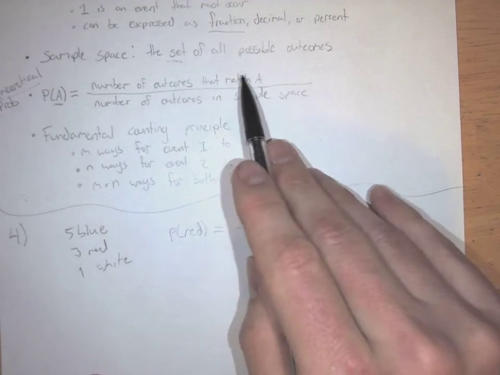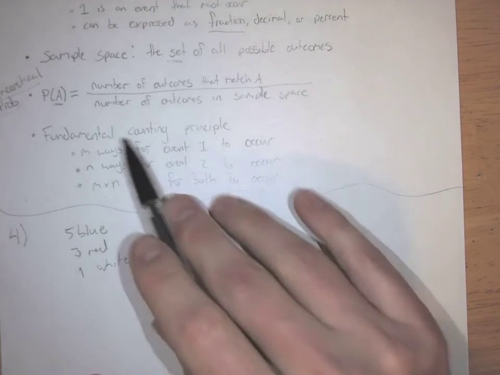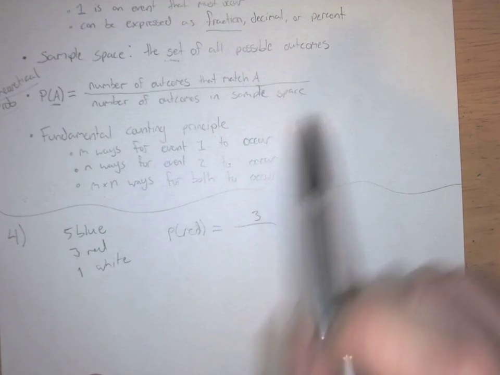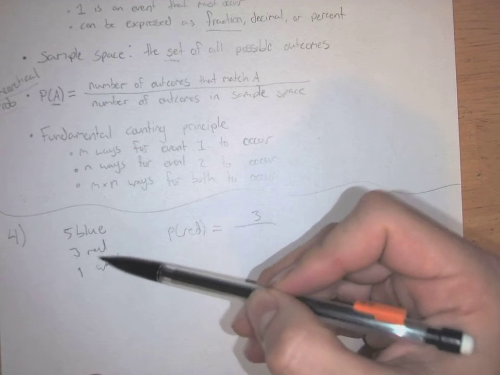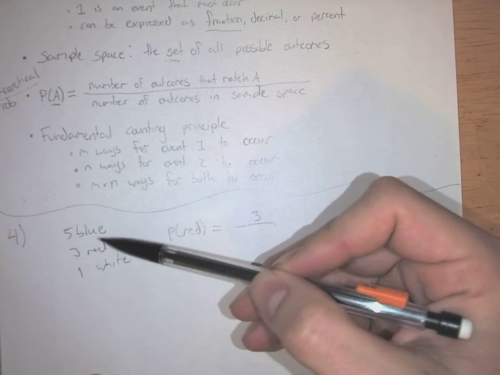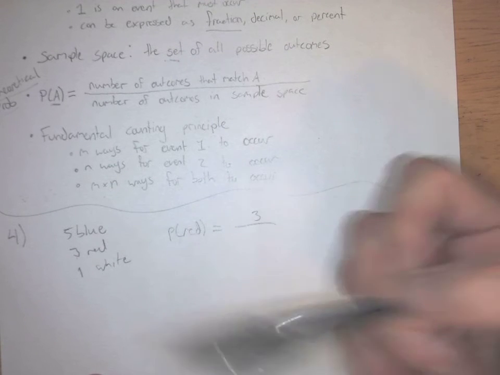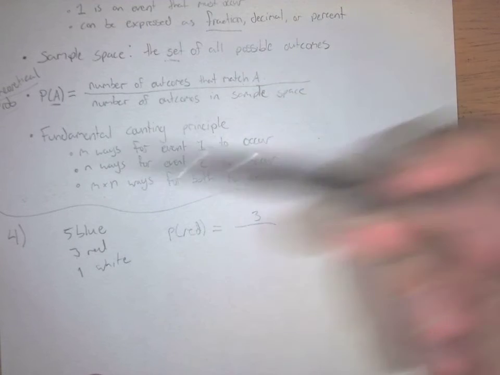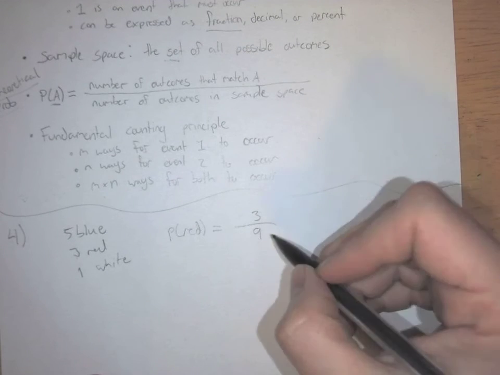There's 3 outcomes that match pulling out a red marble. And then over the number of outcomes in the sample space. So the sample space is the set of all possible outcomes. So it's white, red 1, red 2, red 3, blue 1, blue 2, blue 3, blue 4, blue 5. Right, there's 5 different blue marbles and 3 different red ones. So if you add all those up, there's 9 in total. 9 total different outcomes that you could have. So the number of outcomes in the sample space is 9.